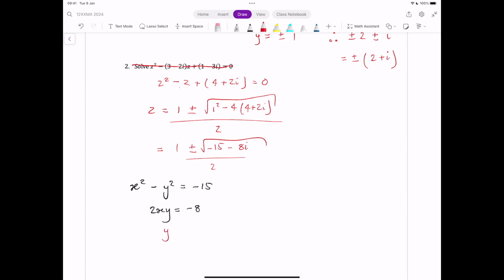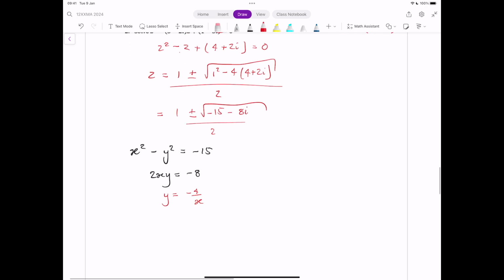Solving that, we're going to say y is equal to minus 4 over x, and substituting that back up to here, we're going to have x squared minus 16 on x squared. So minus 4 on x all squared is 16 on x squared, and that is equal to minus 15.